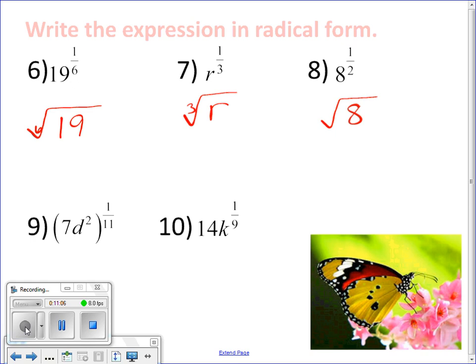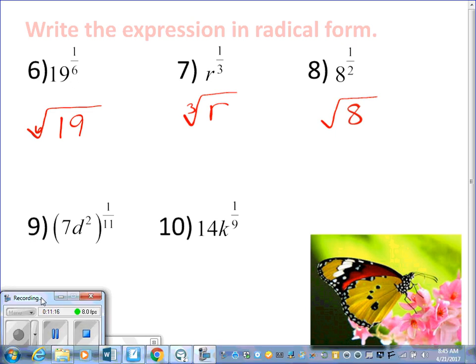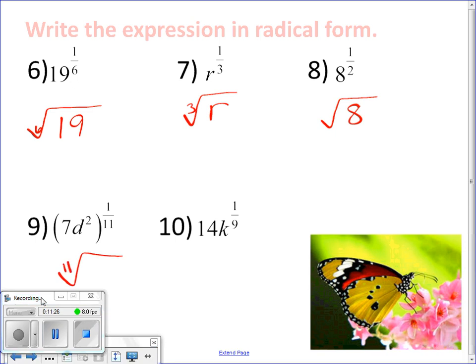All right, number 9, Stephanie. All right, Mariah, you want to help her out? It's okay. Just give it a shot. Yeah, 11's the index. Mm-hmm. Don't make that so hard, guys. This whole group, there's the whole group, and then there's my index, my rational exponent.